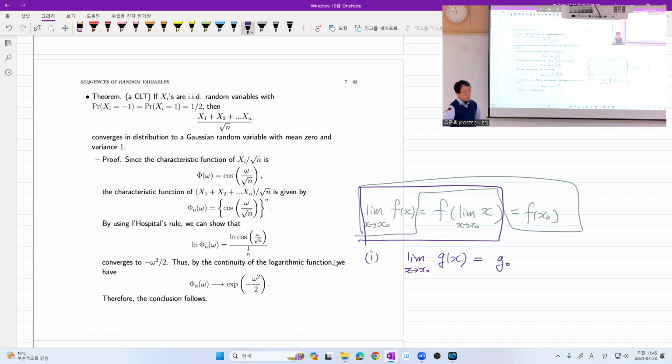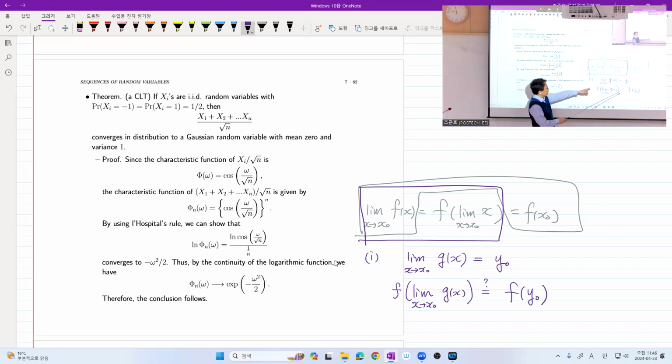But instead, you take some function of this one and want to show that one. Let me say this is y. Is it okay? You are given to prove this one, but you think about that one. Is it okay?